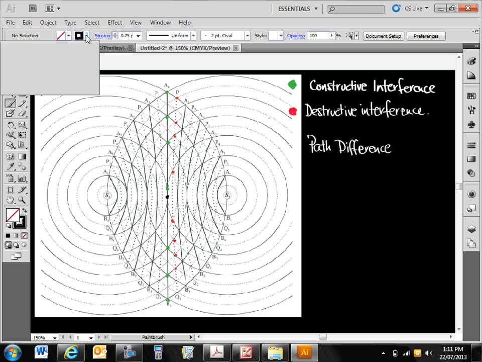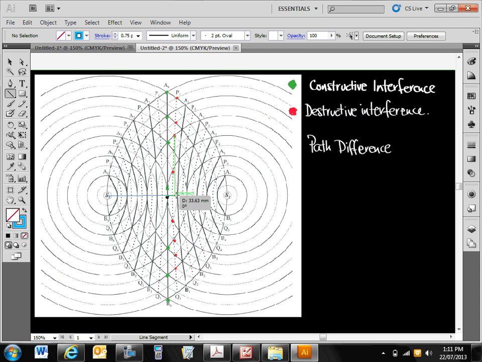I see what you mean. The path difference between the source... I have to draw it in 2 lots there. And that point there is exactly the same, isn't it? And if you have a look, 1, 2, 3 wavelengths and we're there.